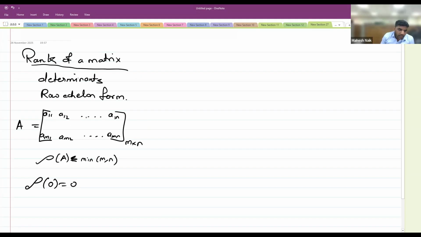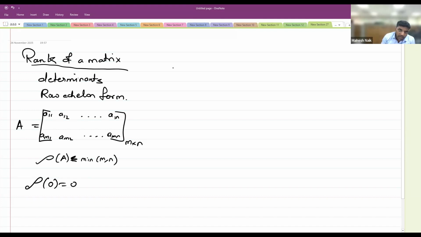Now, from the matrix, we can have sub-matrices. Accordingly, we can delete a row or a column and generate more matrices out of this matrix. Moreover, we can generate square matrices as submatrices, and those square matrices can be used to determine the rank of the matrix.